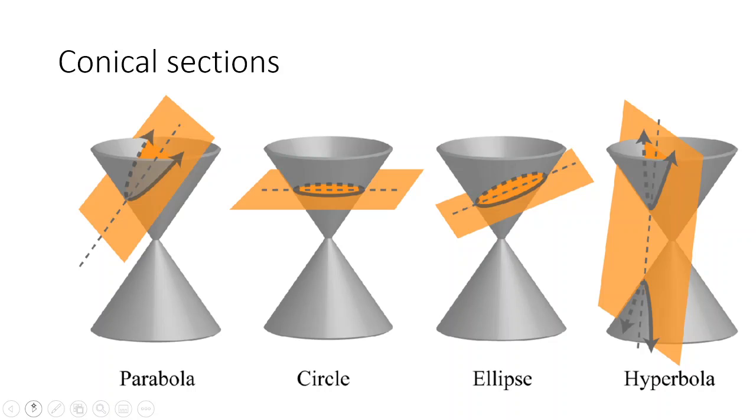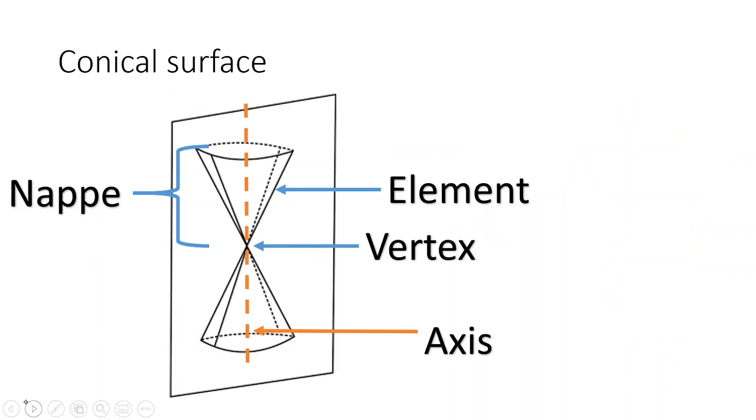Here you go. Here are the conical sections that we have. You can see if you have two cones stacked on top of each other, you can see the parabola, the circle, the ellipse, and the hyperbola. Here are different parts of the cone. You can see there's the element of the cone.